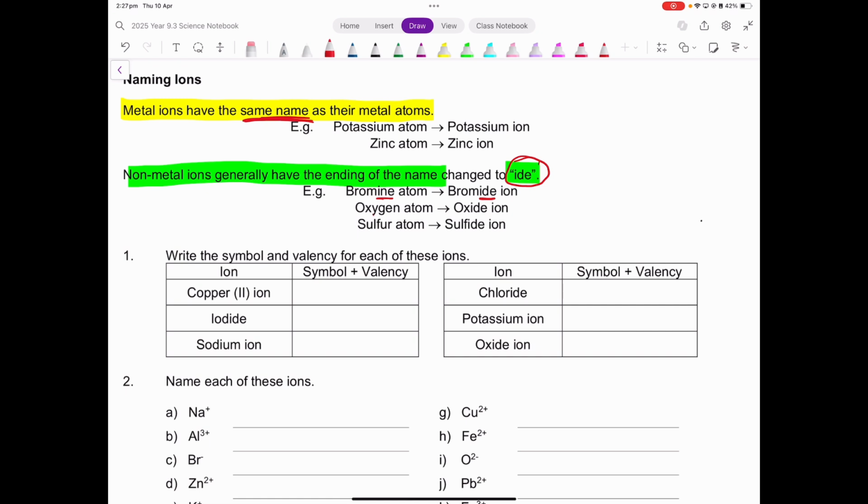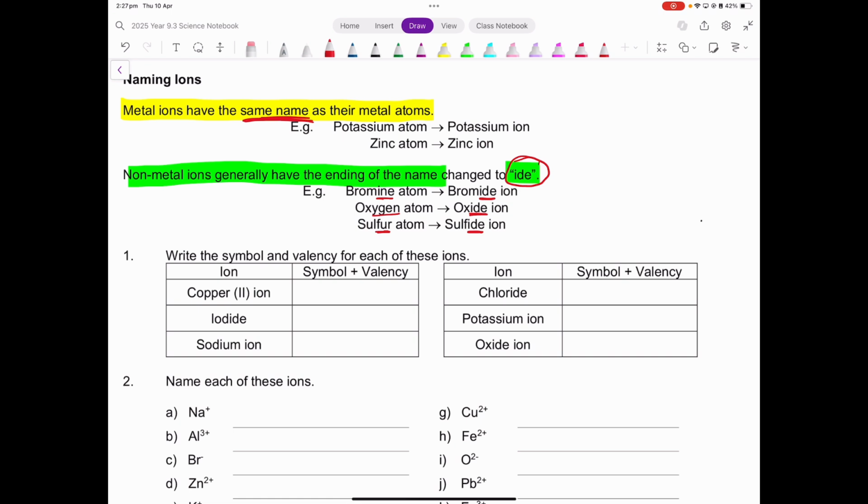Next, oxygen. The "gen" part of oxygen becomes "ide." Again, every time we swap it for "ide." Sulfur, we get rid of the "fur" and it becomes sulfide. Okay? You're going to learn these three specifically.